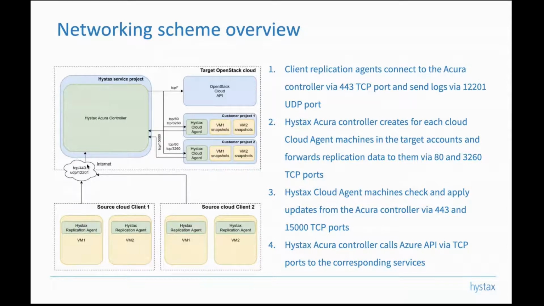If this port is closed from the very beginning for some specific agents, for example if you're using a Windows VM with some firewall rules denying external access to this port, then after the replication agent is installed, the machine will not even appear in the interface, because the agent will not be able to connect to Acura and even register itself.